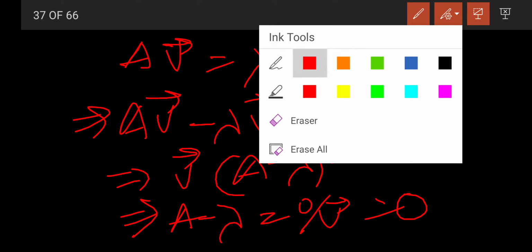So let me erase all. First, A minus λ equals 0 we got, right? But see what I said, A is a matrix.